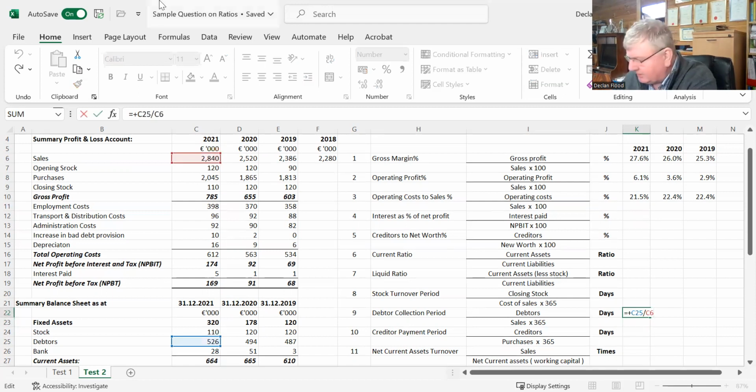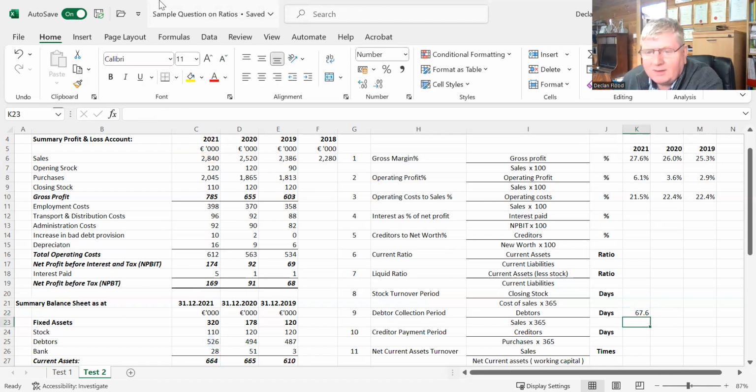And then if we just multiply that by 365 to bring it into days, we can see that that's 67 days. And then last year and the year before, we can work that out as well.